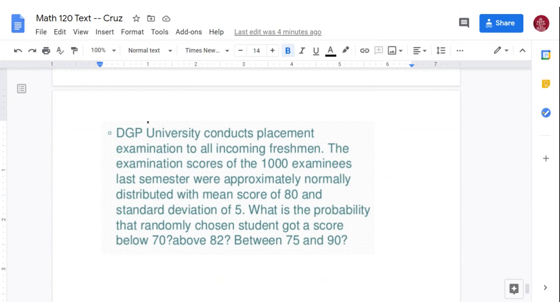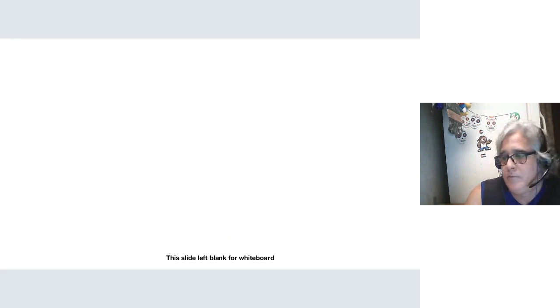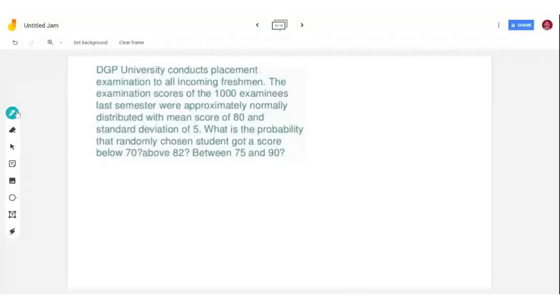So I'm going to write over here that z-score formula. What that means is x minus the mean, divided by the standard deviation.